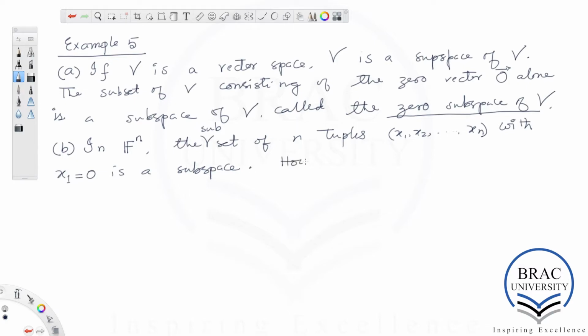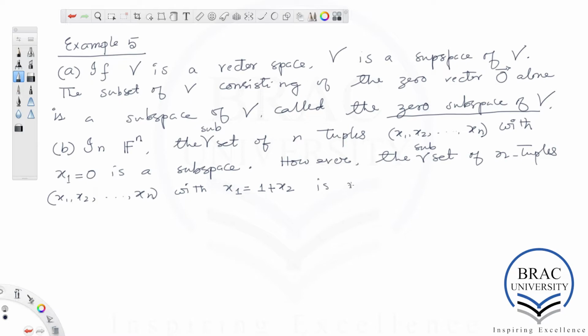However, the subset of n tuples x1, x2 all the way up to xn, with x1 equal to 1 plus x2 is not a subspace, for n greater than or equal to 2.